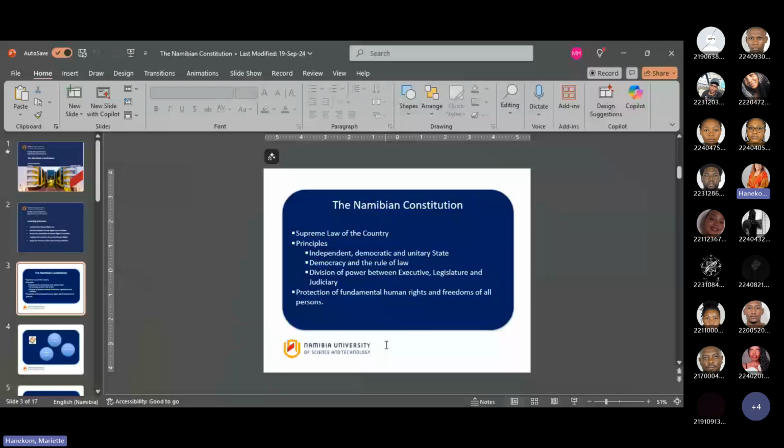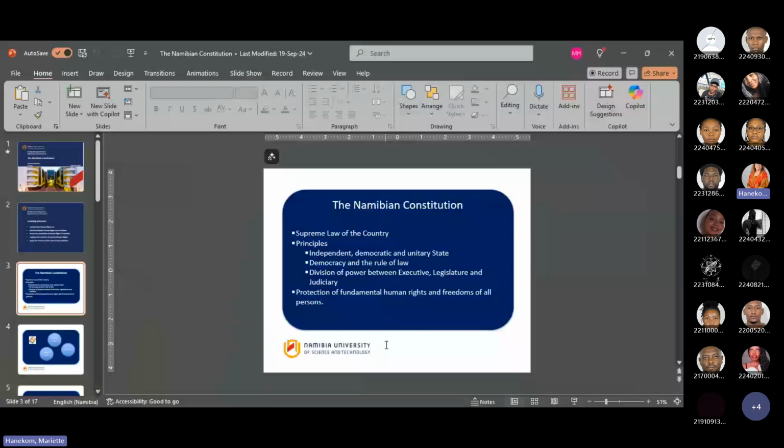The Constitution also sets out the division of powers. The division of powers is very important. It is a division between the executive, that's the cabinet, the legislature, parliament, and the judiciary, the courts. These are the 3 branches of government. They are equal.